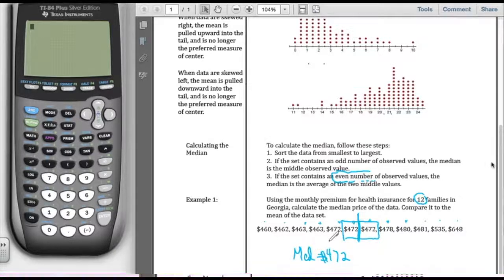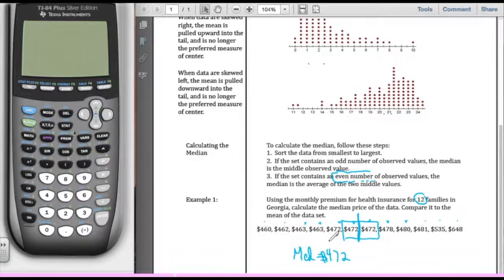To compare this to the mean, I'm going to enter this data into my calculator. A reminder, you hit the stat button, enter to edit, and we'll just enter these in.